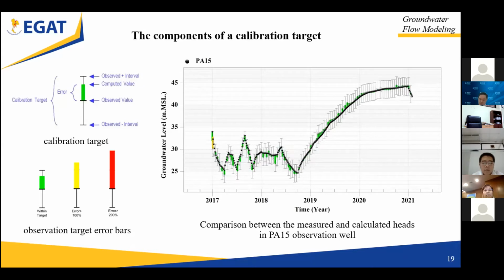And the right picture is a time series plot using 10 sample observation wells, compared with 15 observation wells over 4 years. We can see most of the calibration targets are shown in green. It means that it is a good result.